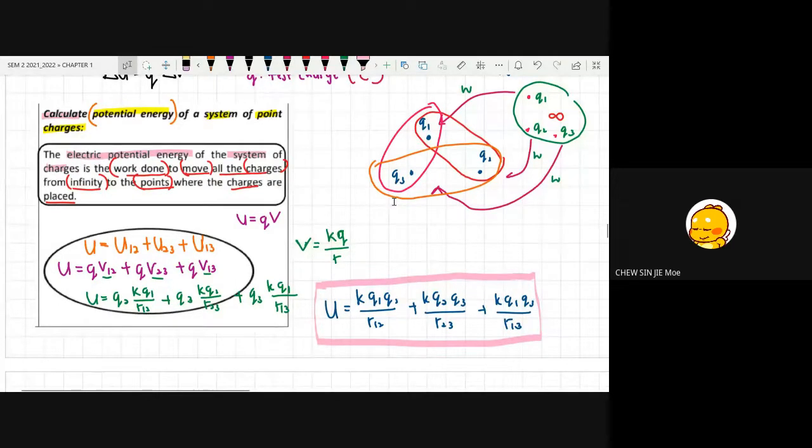Kalau Q3 tu, what's wrong dengan Q3 tu? Like contohnya ni, Q3 to Q2, up to you. You nak tulis Q23 pun boleh, Q32 pun boleh, no problem. Okay, no problem at all. It's just a labeling tau untuk you tahu charge apa you tengah guna sekarang.